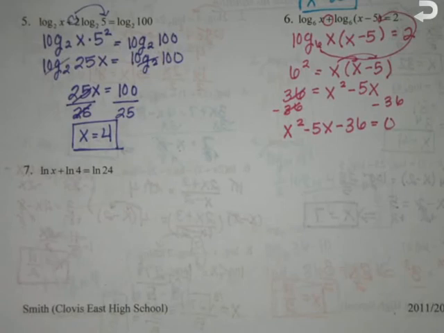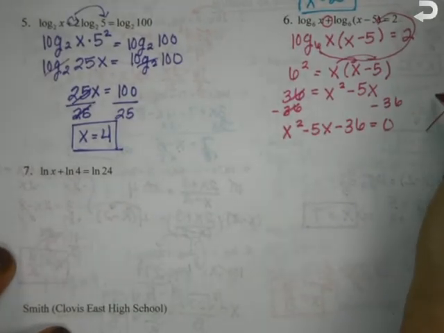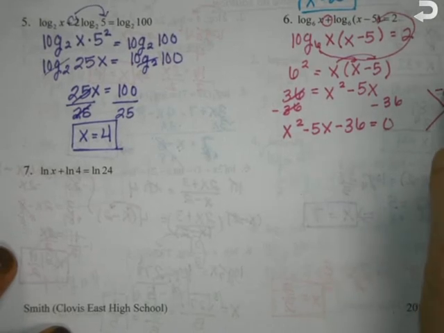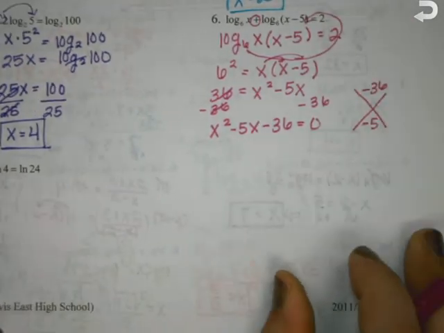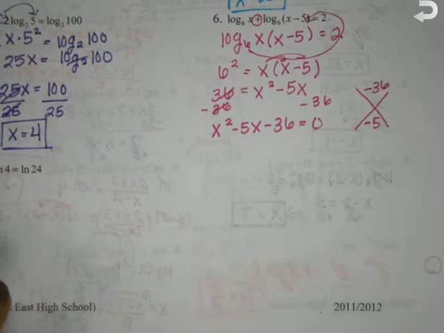That is a diamond problem. What two numbers multiply to negative 36 and add up to negative 5? 9 and 4.